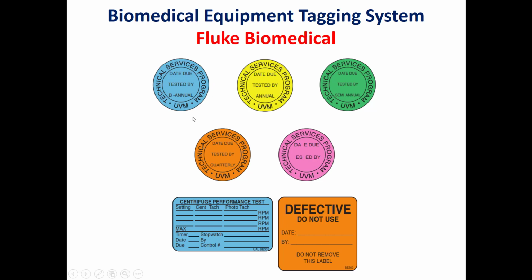One point I want to mention here: we can either use a passive type of tagging system, such as the one used here, which is a paper type, colored or whatever type is used. We have another type of tagging system, which we call the RFID tagging system, an acronym for radio frequency identification.